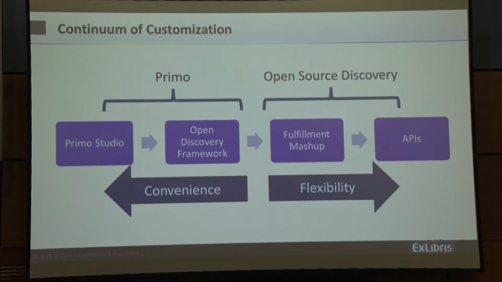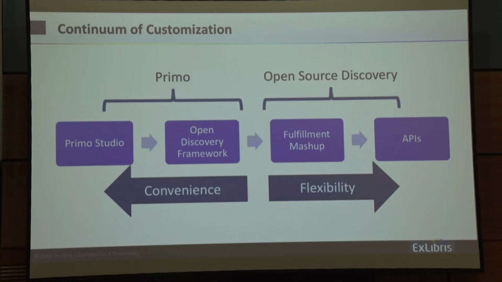Okay, so I can build a little bit of a more customized search experience or customized discovery experience, and let Alma handle the fulfillment. And then I can go all the way to the right, meaning maximum flexibility, but of course that means the most effort required. And I can actually use APIs to build all the fulfillment options as well.